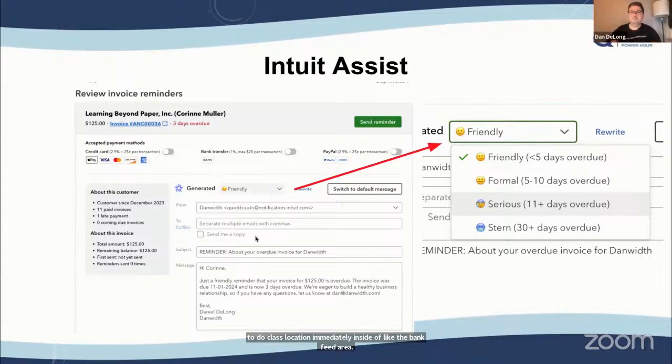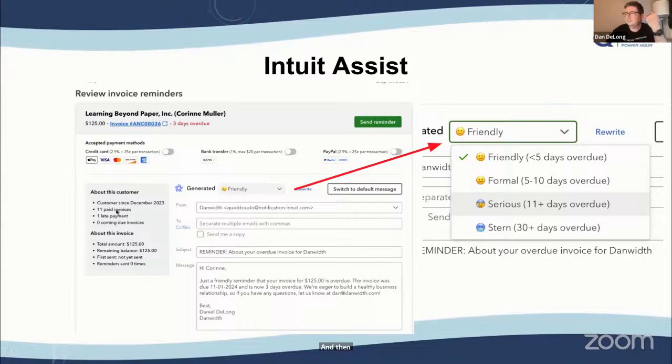Yes. So here's something that I did yesterday, in preparation of these slides, with Intuit Assist on the bank feed itself, or I'm sorry, the business feed, not the bank feed. Getting myself confused on which feed I'm at. But the business feed inside of Intuit Assist said, "Hey, you've got some open invoices," and then it gave me a link to click on reminders, and here it gave some context about this customer.